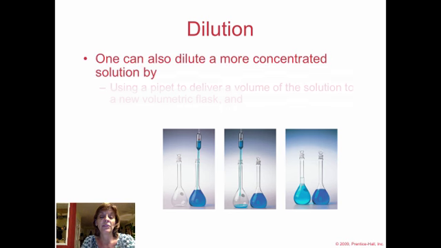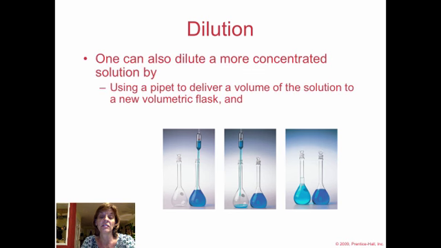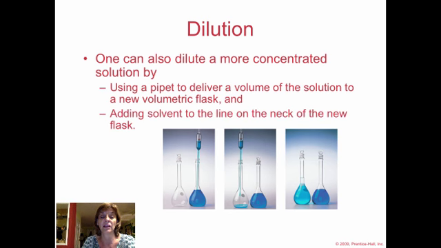Now, we often have to dilute rather than just make a solution from a solid, because many of our solutions, especially the acids, are bought in concentrated form, and sometimes we have a concentrated solution you want to dilute to a lower concentration. So you might use a pipette, put in a known amount, and dilute up to the line on a volumetric flask.